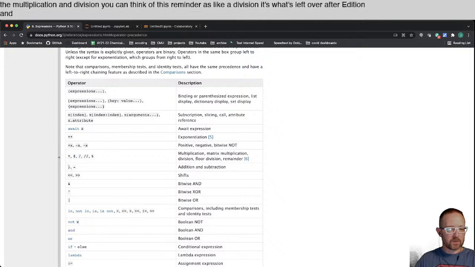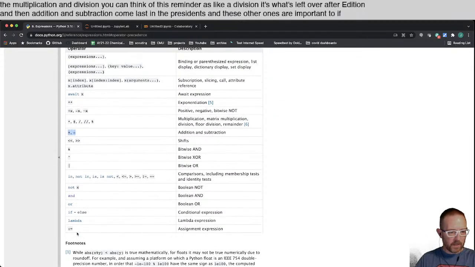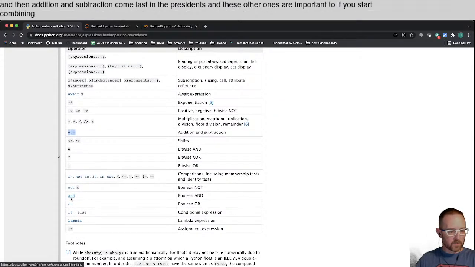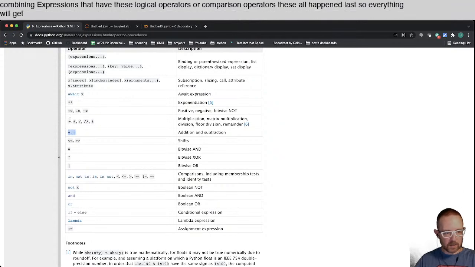And then addition and subtraction come last in the precedence. And these other ones are important too. If you start combining expressions that have these logical operators or comparison operators, these all happen last. So everything will get evaluated up here before these things happen, which is helpful to know.